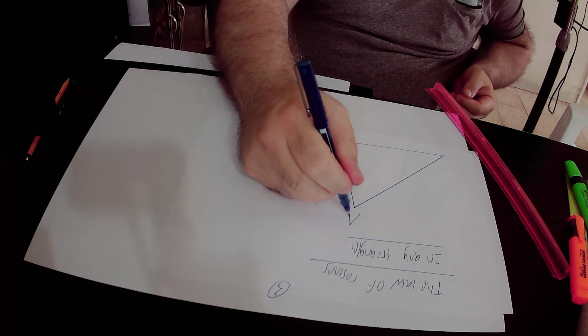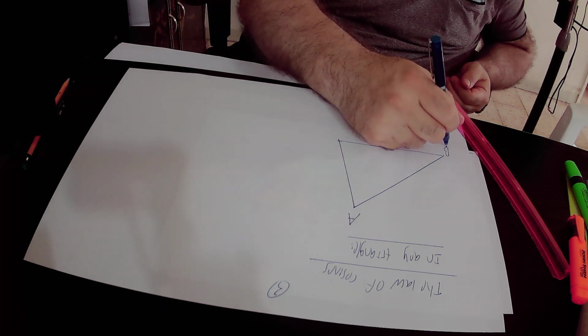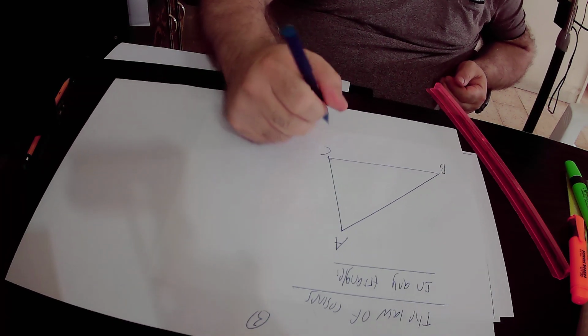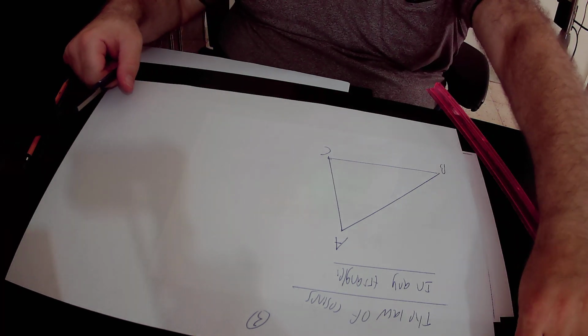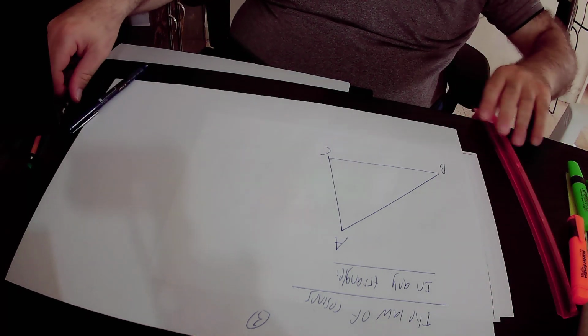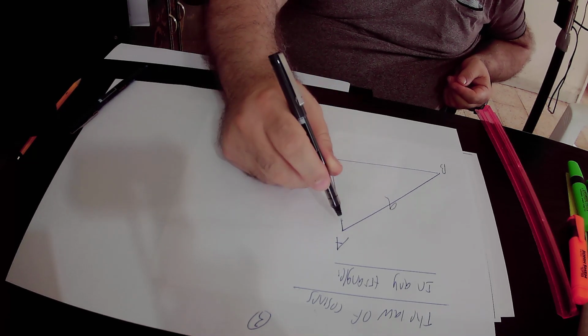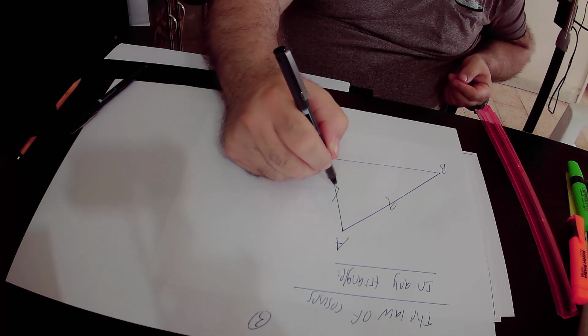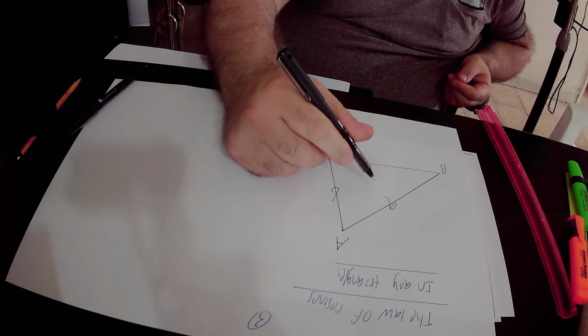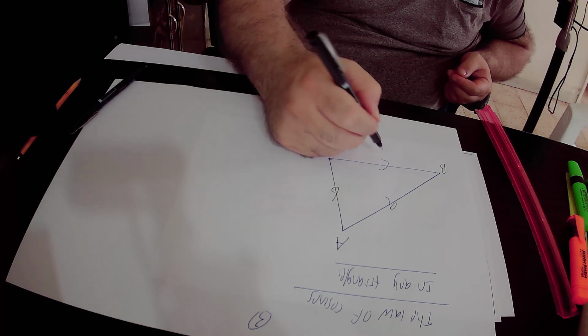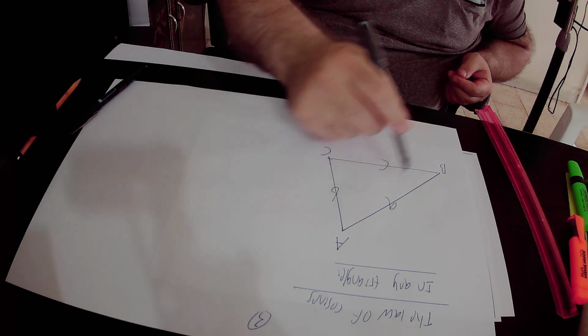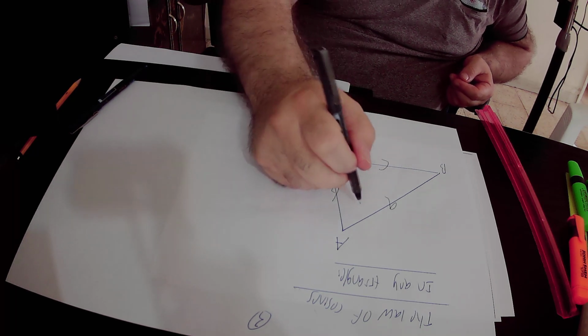This is triangle ABC. And we know that side AB equals A units in its length, side AC equals B units in its length, and side BC equals C units in its length, and the angle between side AB and side AC is theta.